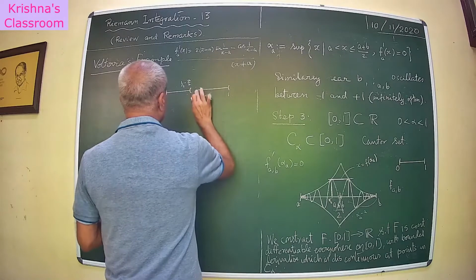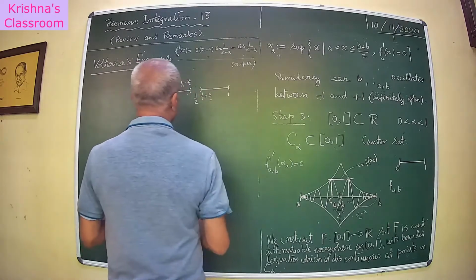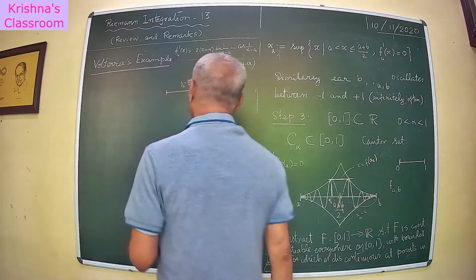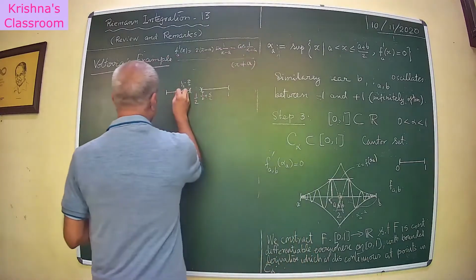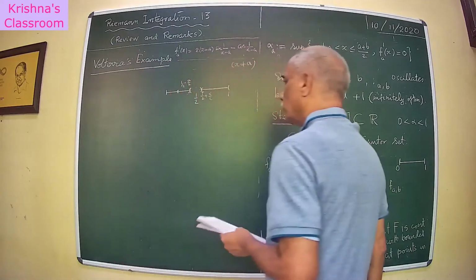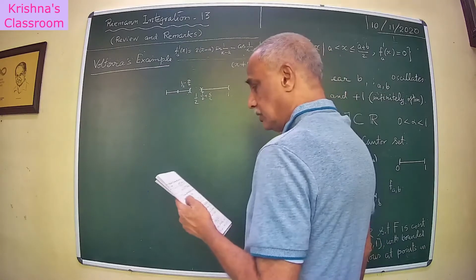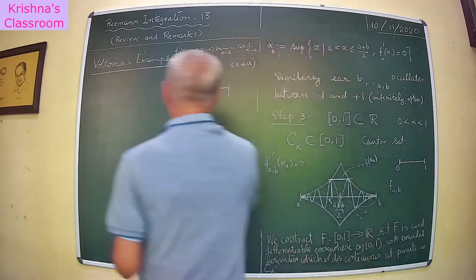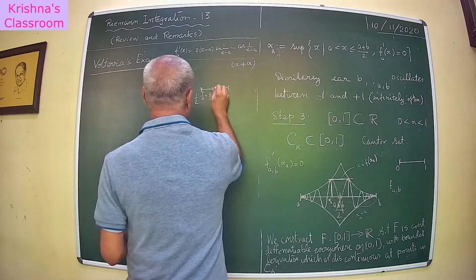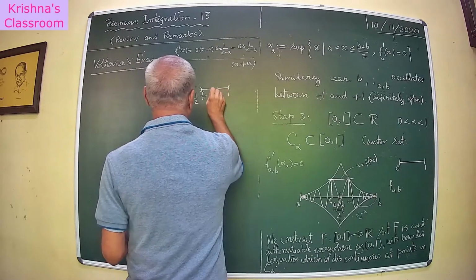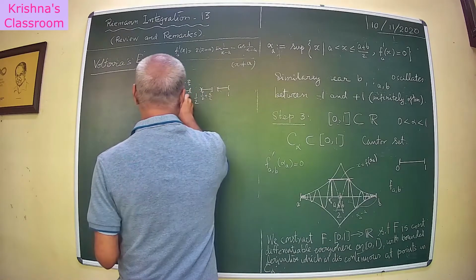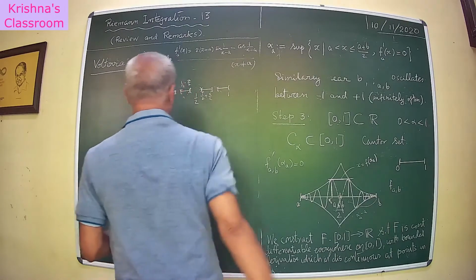Remove this interval. Then you are left with two closed intervals. Once again, you see the middle point. Remove something like alpha divided by 2 square. And so on. You keep removing small things around the middle, and then you are left with further intervals. You go through the constructions like this and so on.